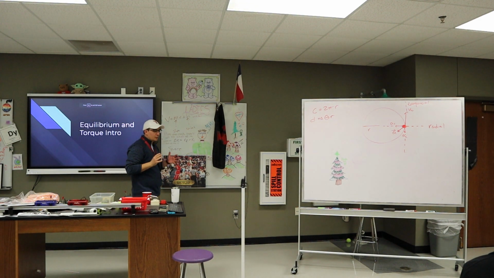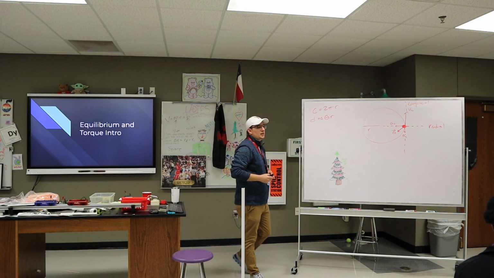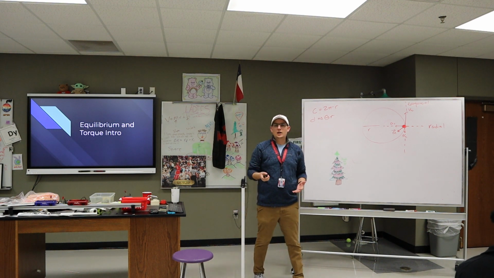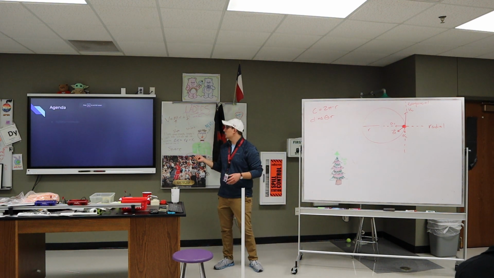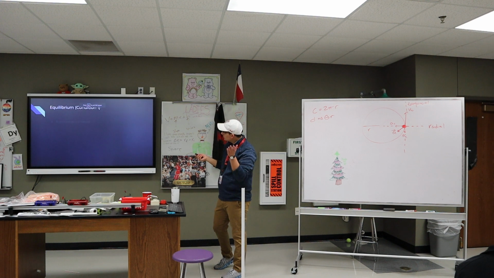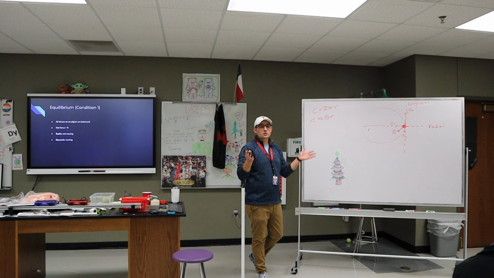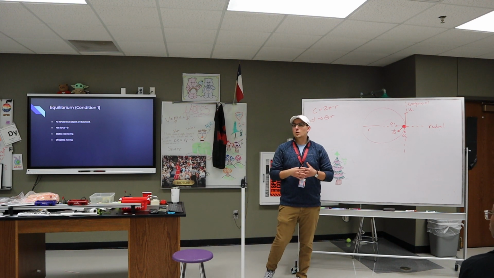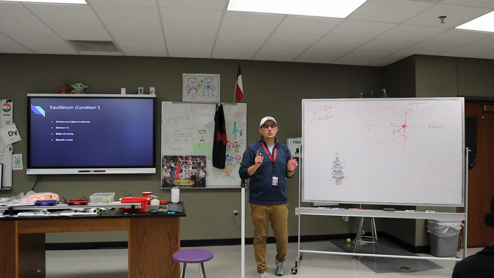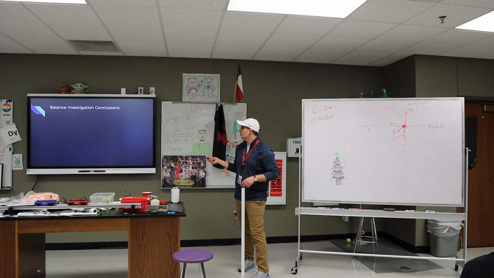So equilibrium is this idea that something is not accelerating, right? We've seen that before. The first condition of equilibrium that we saw is that you have to have a net force of 0, right? All the forces have to sum to 0. We've seen that before. We talked about all that stuff with forces. Well, it turns out there's a second condition for equilibrium.